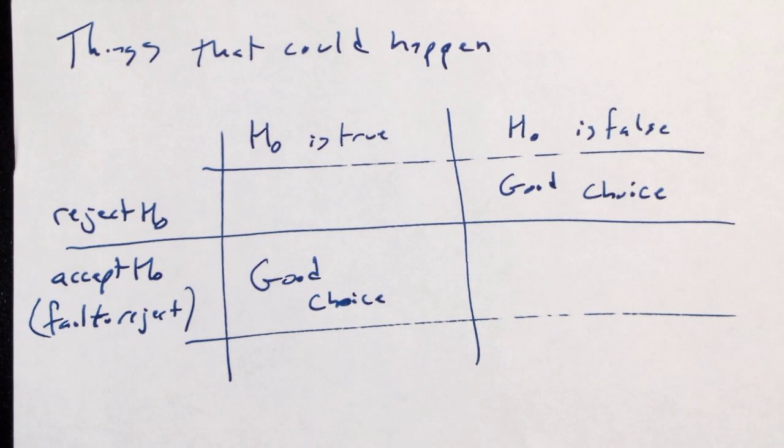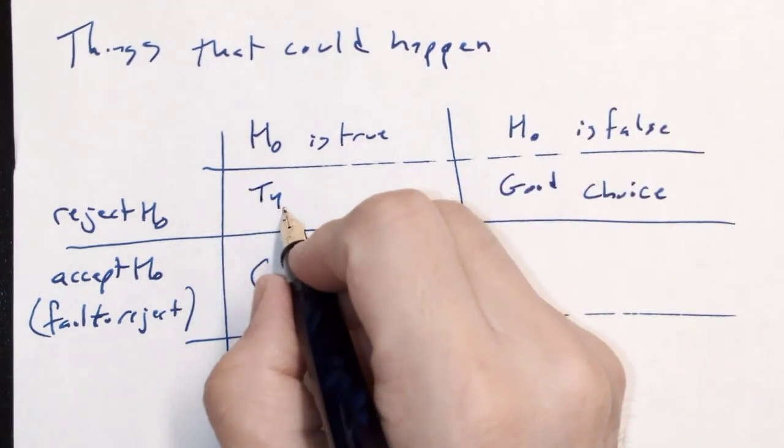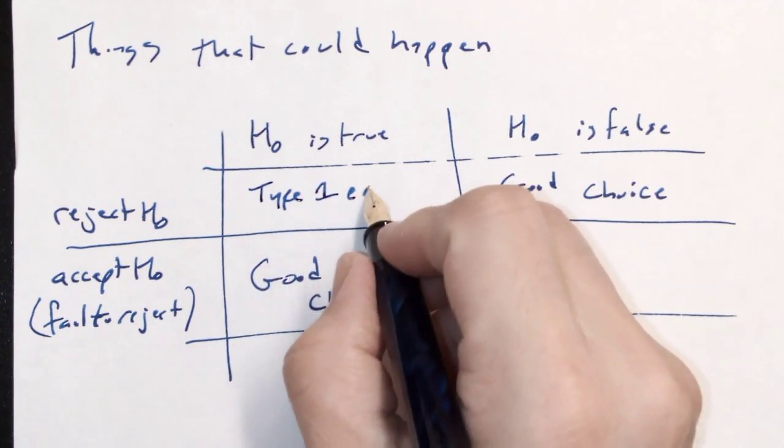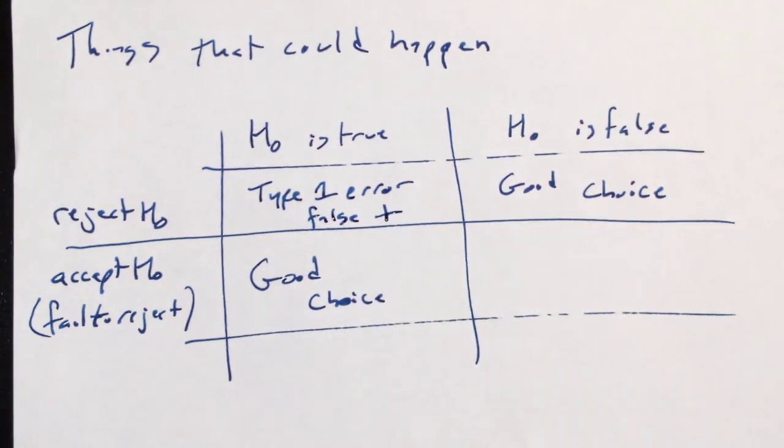My assumption is true, but I rejected it. This is a problem. We're going to call this a type 1 error, or a false positive. My assumption is that you are clean. When I go to do your drug test, you are clean, but I reject that assumption. Your test showed something unusual. That's a false positive on your drug test.